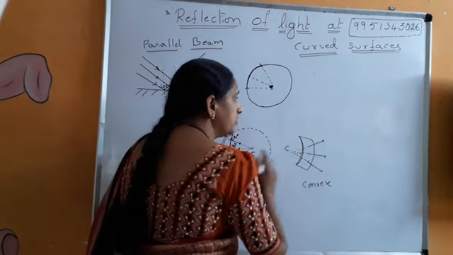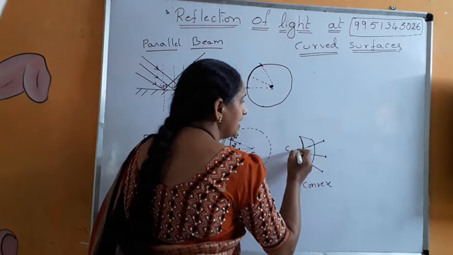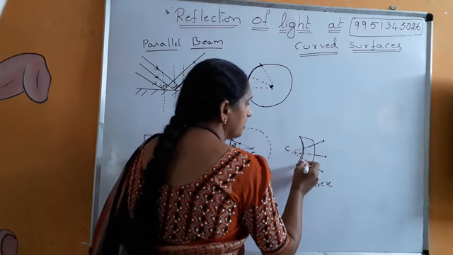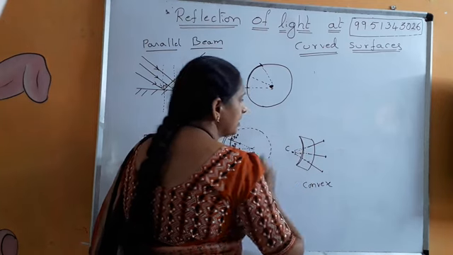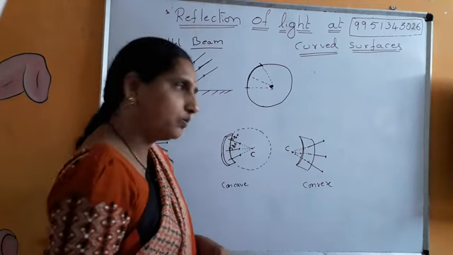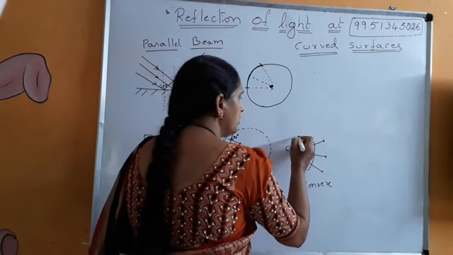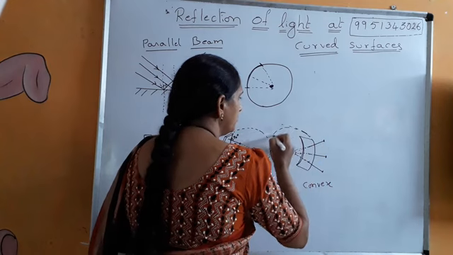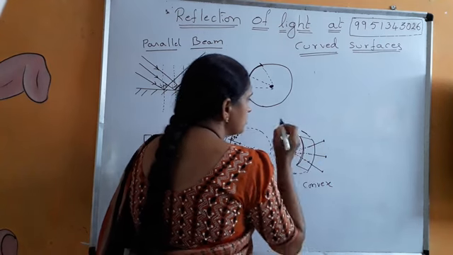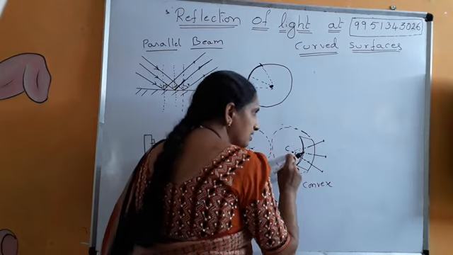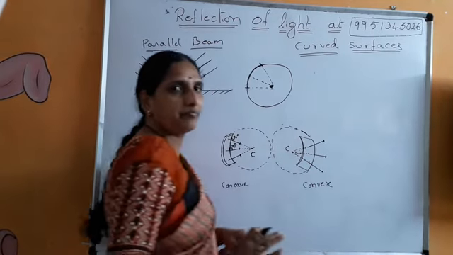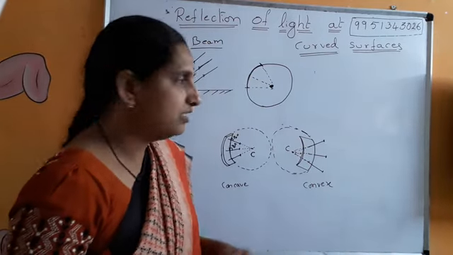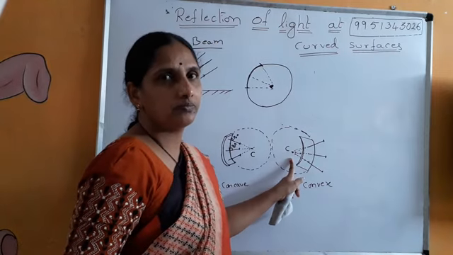The same concept here: as you extend the lines through the nails, all these lines meet again at the center of curvature. How is the center of curvature formed? Just try to complete the curve. It forms a circle. The center of that circle is the center of curvature.